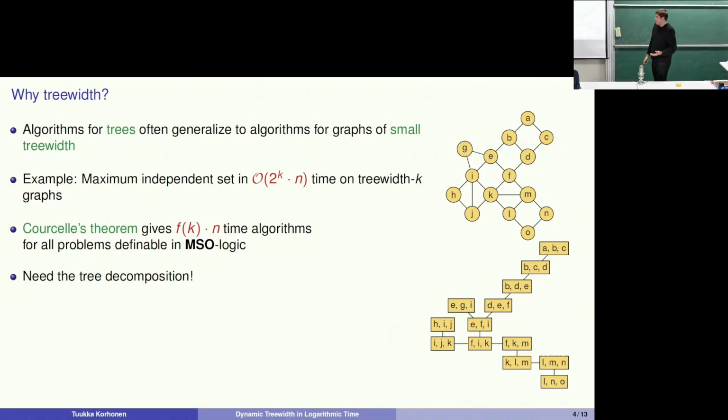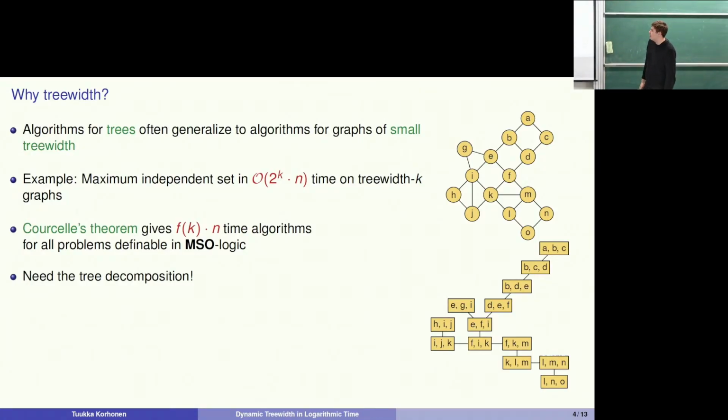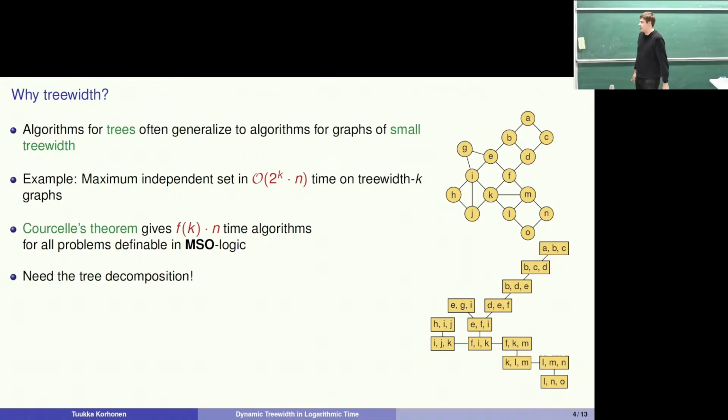And an important thing here, at least for my research, is that in most of the algorithmic results using treewidth, you actually need the tree decomposition. So these algorithms do not simply work on treewidth k graphs, but they work when you're given a graph together with a tree decomposition of width k.